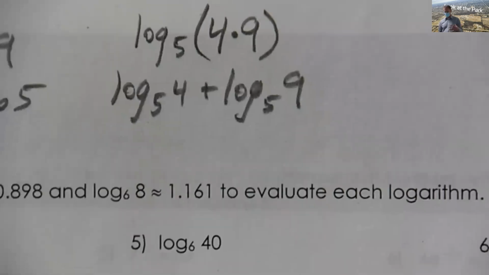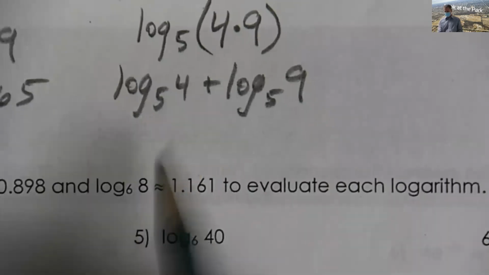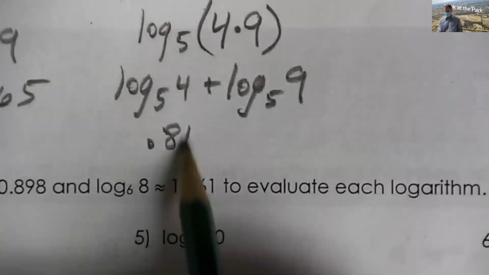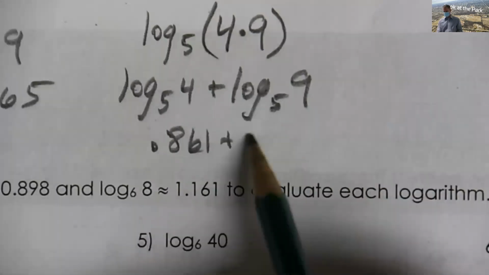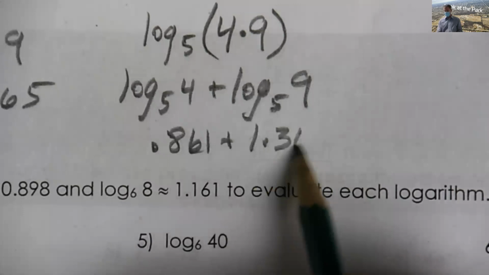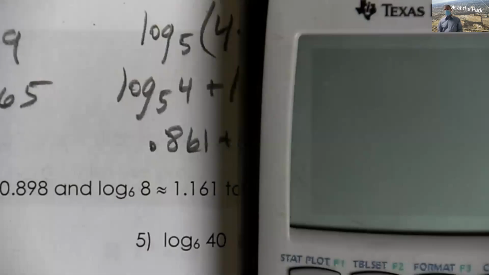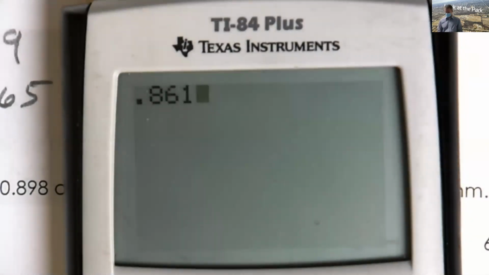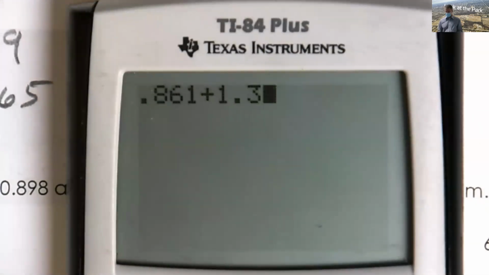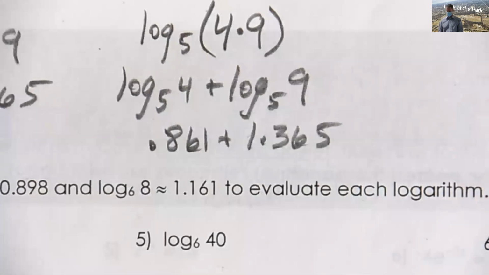Now, because we have broken this down into log base 5 of 4, we can use the decimal version of 0.861, and log base 5 of 9 is the decimal version of 1.365. And we can do our basic calculations with our calculator. 0.861 plus 1.365, we're going to get 2.226.